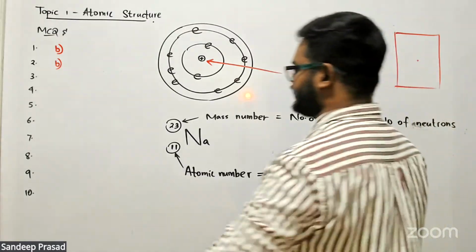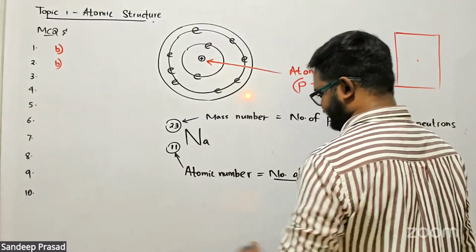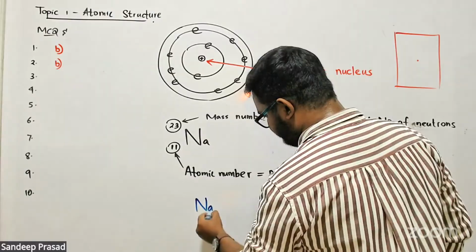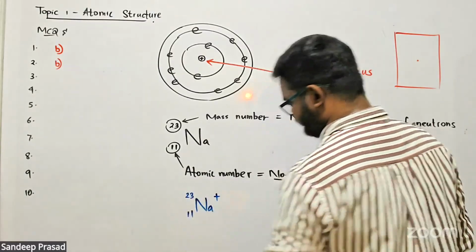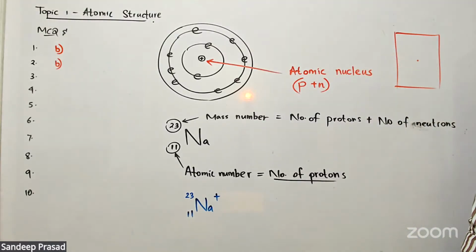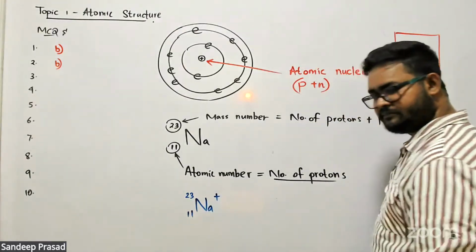you know that ions can be divided into two parts, cations and anions. If I consider sodium plus cation, here 11 and here 23. So in sodium plus cation, how many electrons are there?